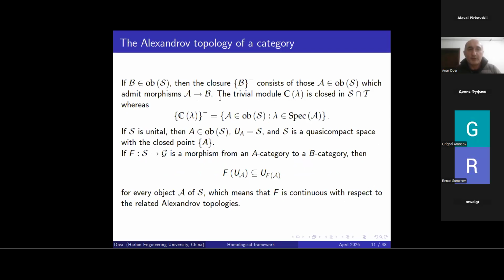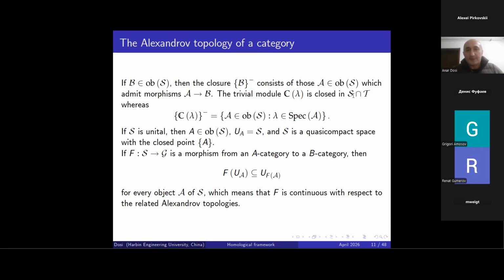Yeah, what about the closure of an algebra B, for example? Well, it's not so hard to understand that the B closure consists of those objects with possible morphisms from A to B. So that will be exactly the closure.